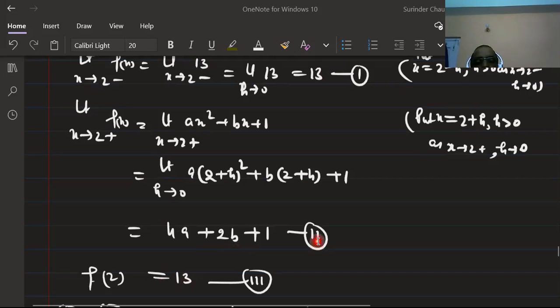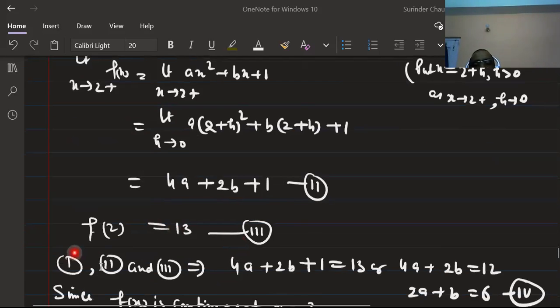Now since f(2) is equal to 13, 4a plus 2b plus 1 equals 13, which gives 2a plus b equal to 6.